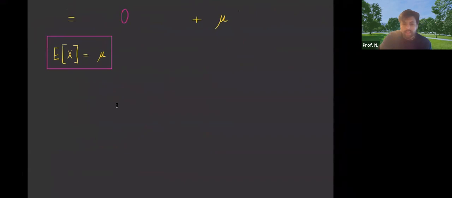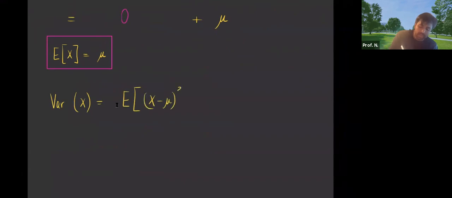And then we also have the variance. It's a similar idea. The variance of my random variable, remember, is the expected value of x minus mu squared.